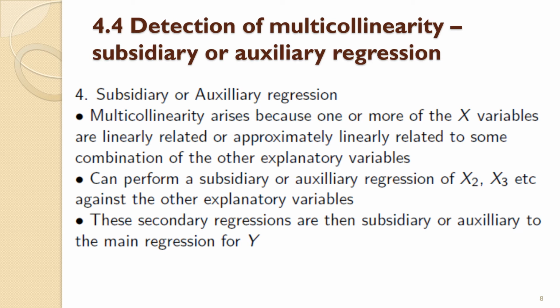So if you have sufficiently high R-squared values, these indicate that there are serious interrelationships between the x variables, which would involve difficulties in terms of how you isolate the individual impacts of the x variable upon the y variable. So by definition, if these subsidiary or auxiliary regressions give you good results, this indicates that multicollinearity is a problem.